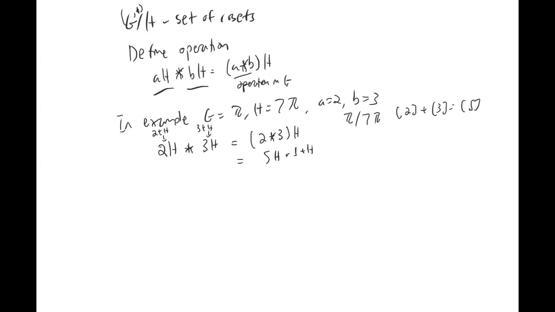But the problem is when you check this is closed, there's an issue. Take AH and BH. We need to check it's closed. Let's take X in AH and Y in BH. So X is AH1 and Y is BH2.